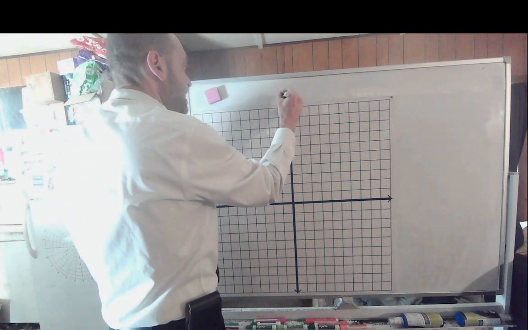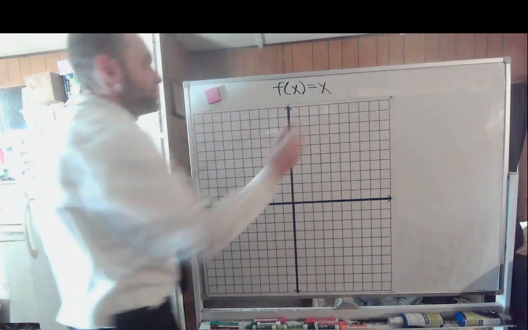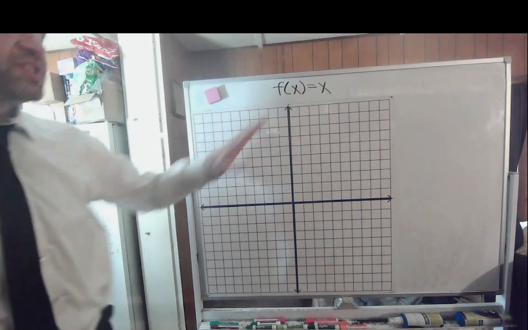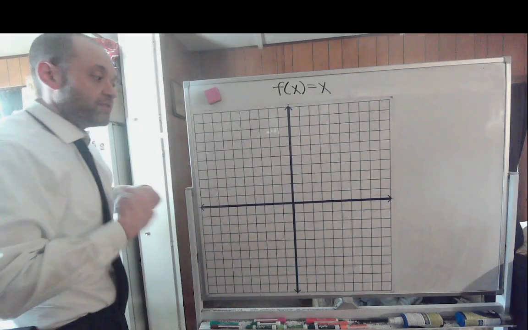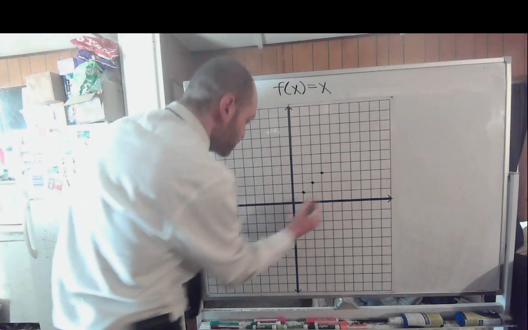So let's say I have f of x equals x. And for a little bit of Friday humor, let's say this is the mother function, which is exactly what it is. F of x equals x, so let me just plot some sufficient points here.